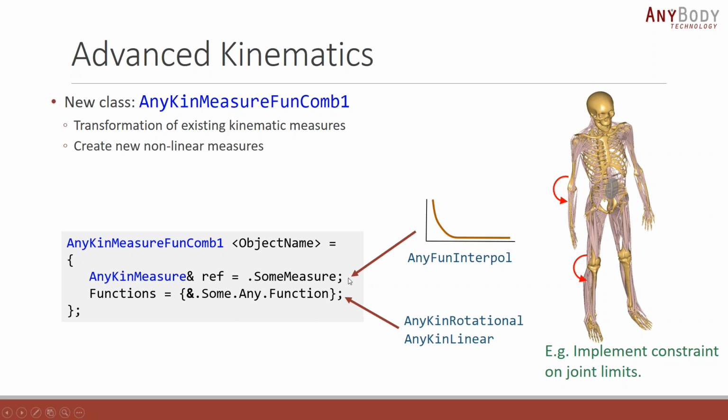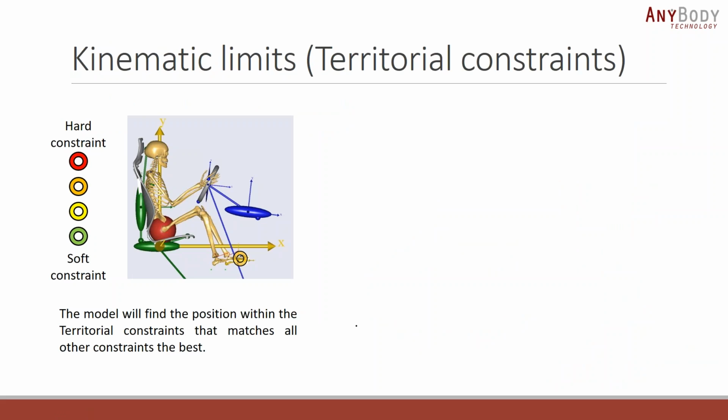But basically, an existing kinematic measure, as we saw before, and then a reference to some functions which can modify the measure. So the class can be used to transform existing kinematic measures and create new nonlinear relationships and nonlinear measures. One of the applications of this could also be to create joint limits, joint constraints on existing models, but we'll also show something with territorial constraints in the next example here.